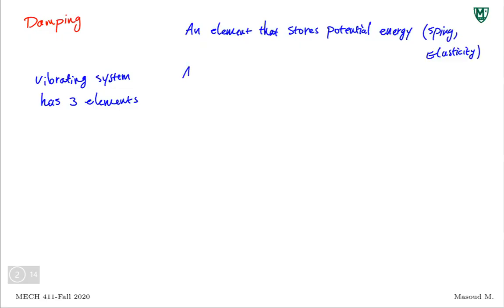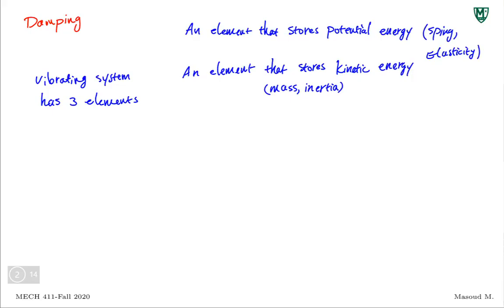An example of that is obviously just mass. And in the case of a pendulum, inertia and mass, depending on what type of system you're looking at. But both are elements that can store kinetic energy.